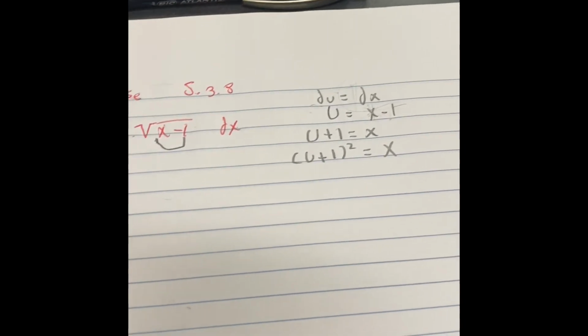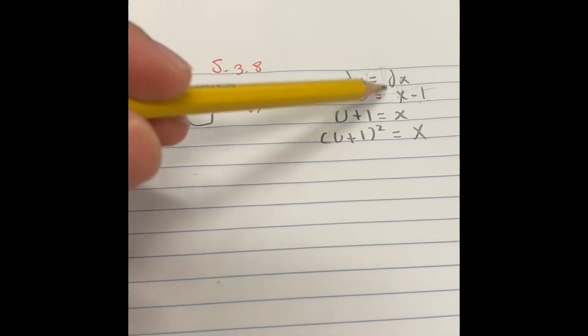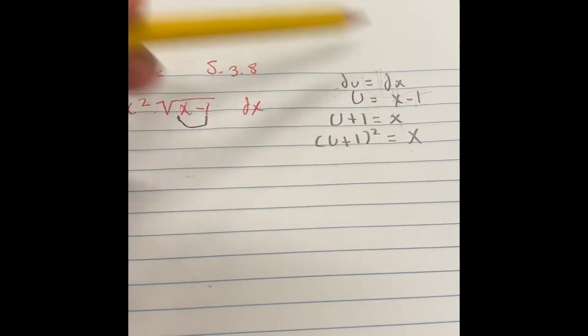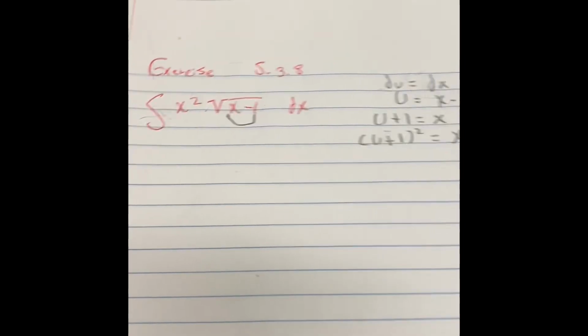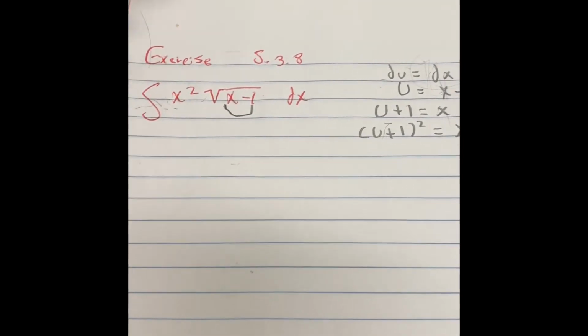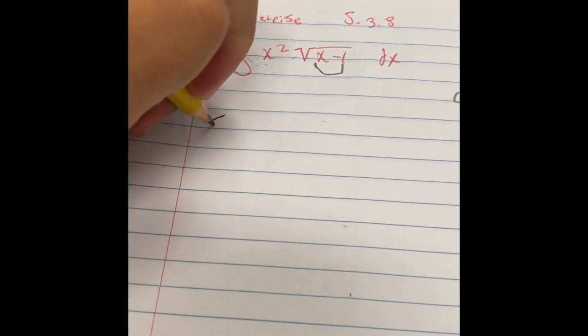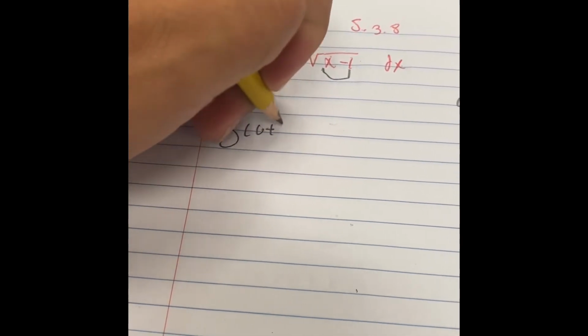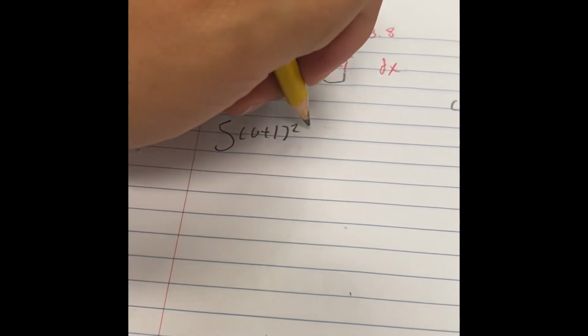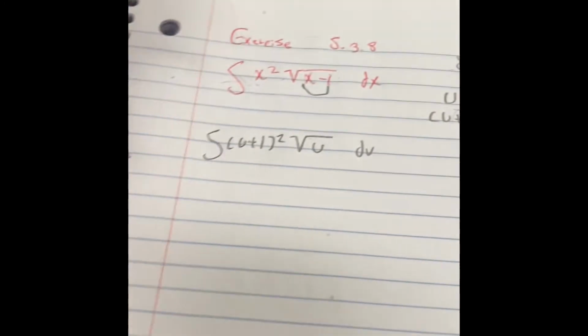So now that we have all the x in terms of u, we can go ahead and substitute all the x's for u's in this integral. So there's going to be the integral of u plus 1 squared times the square root of u du.